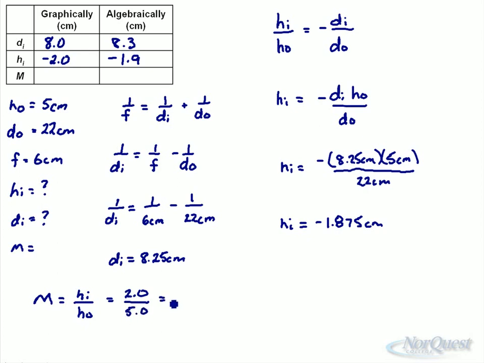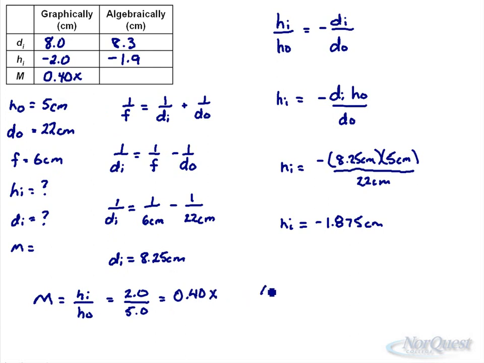That's the graphical answer we'll get. So 2 divided by 5 gives us a magnification of 0.40 times, which does make sense. It's less than 1, meaning our image is smaller. So there's our graphical result.